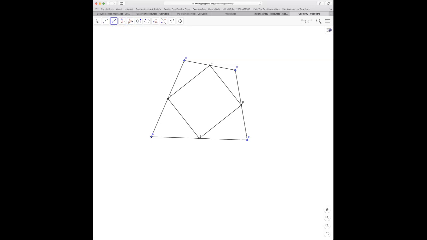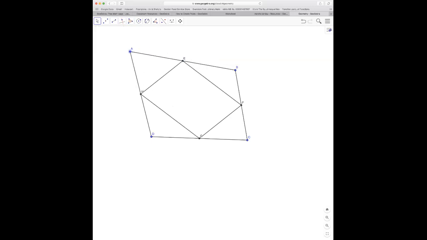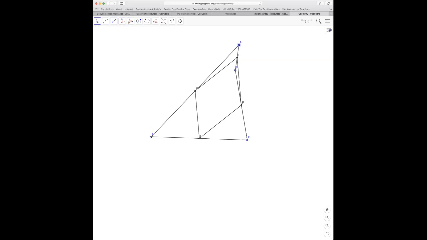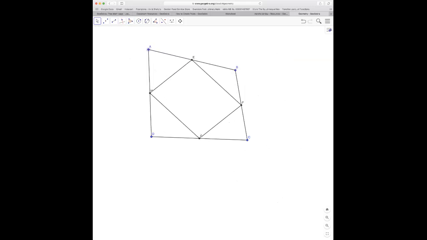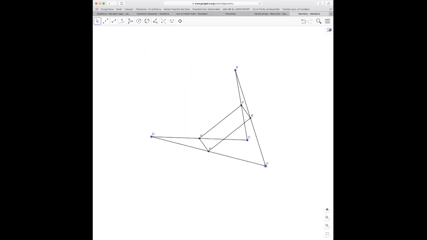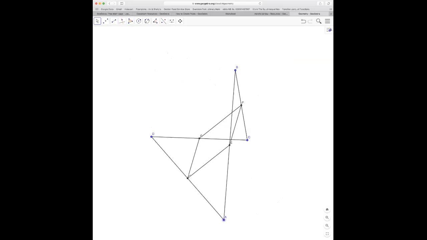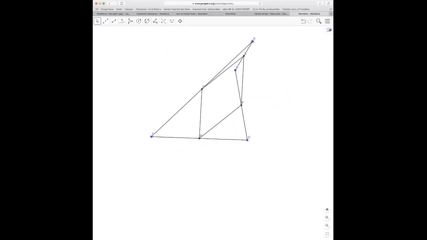So our task is to move the original quadrilateral around by dragging one of the vertices so you can see that we can get some really big changes in how this looks depending upon where that is.